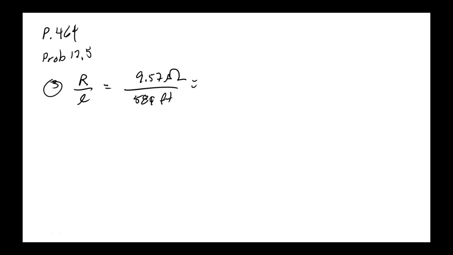It's going to be pretty small. 0.0165. I thought that was too big a number. And that would be ohms per foot. Is that the answer in the back? That's it. Yeah. I did one like that on the test, but I thought it was wrong.